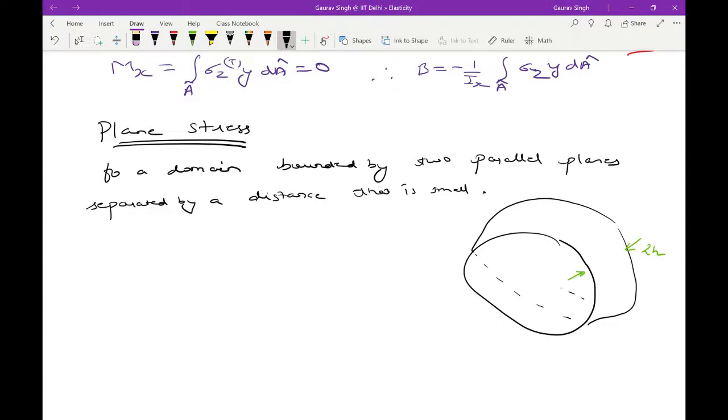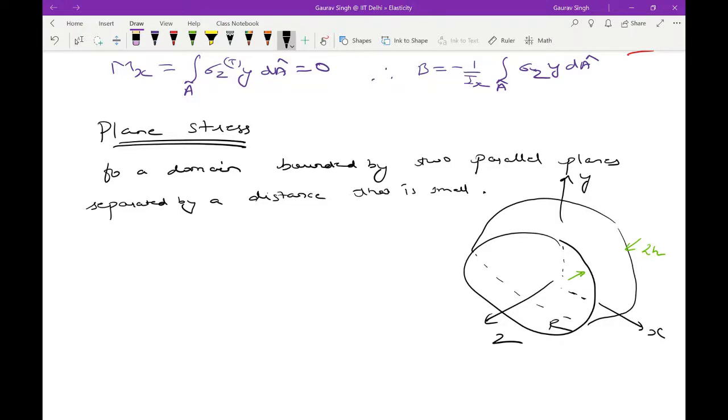Then you can say that your x direction is like this, y is like this, and z is like this. Clearly this 2h is very small compared to other dimensions. Your domain is R.